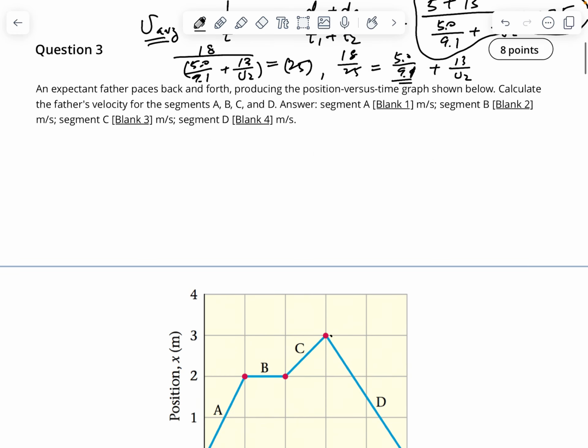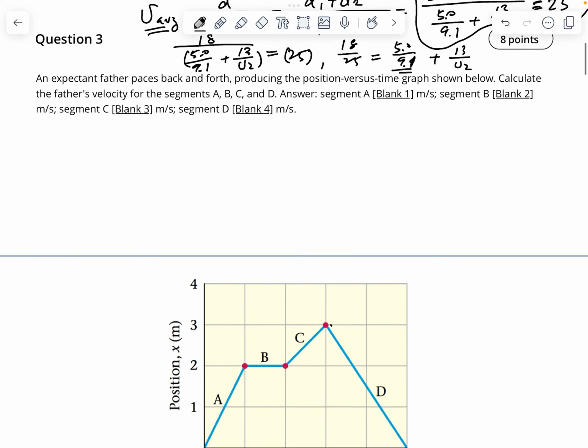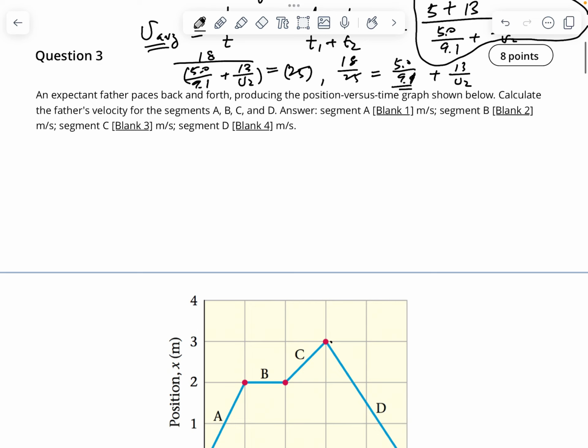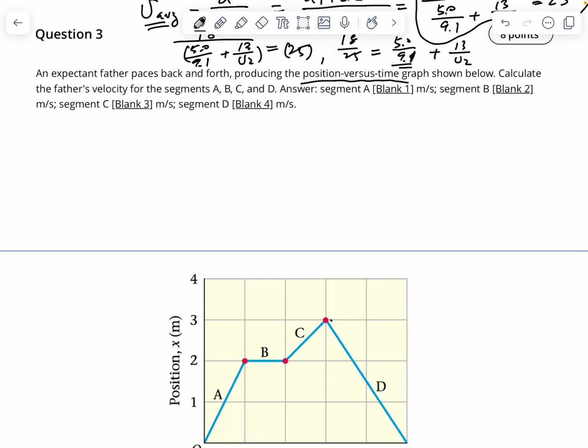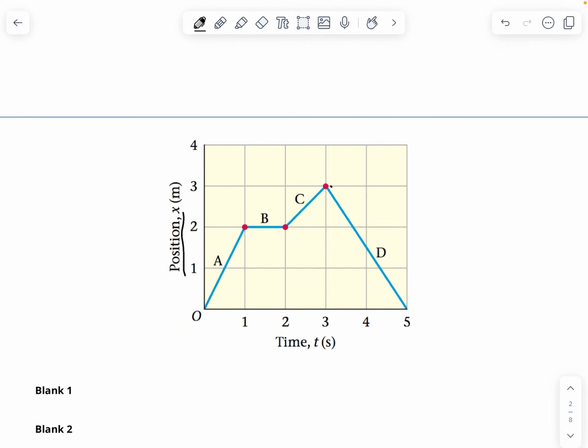All right, next one. An expectant father paces back and forth, producing the position versus time graph shown below. Calculate the father's velocity for the segments A, B, C, D. This is a position-time graph, and we know the slope is the velocity.